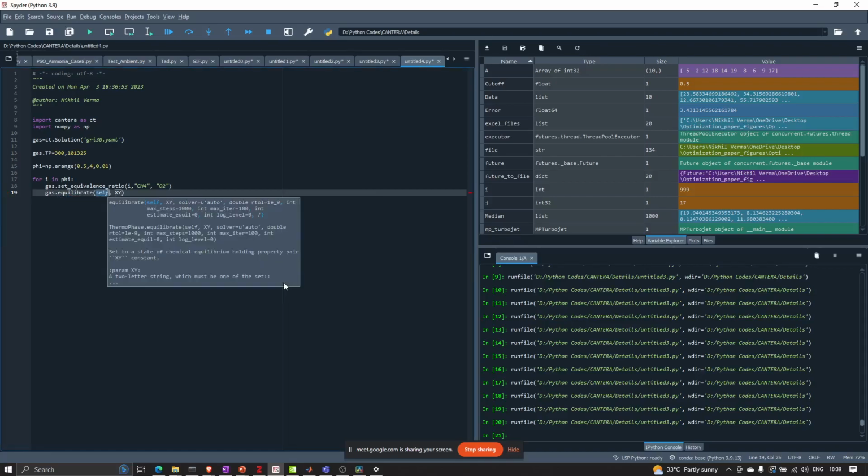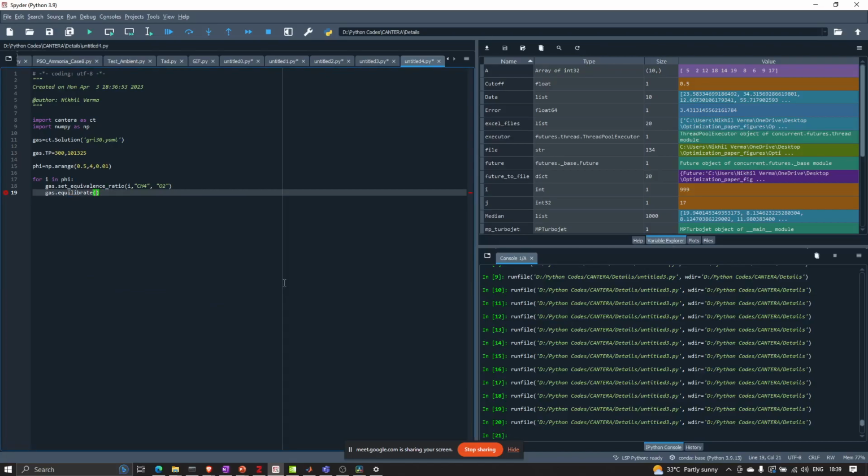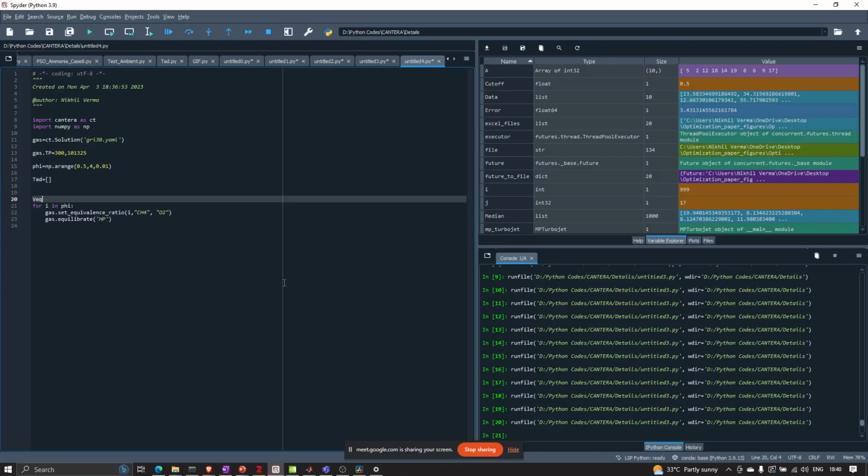Now let us calculate the adiabatic flame temperature and store this. So how to calculate the V equivalent?